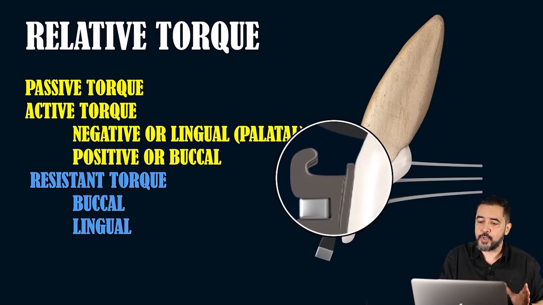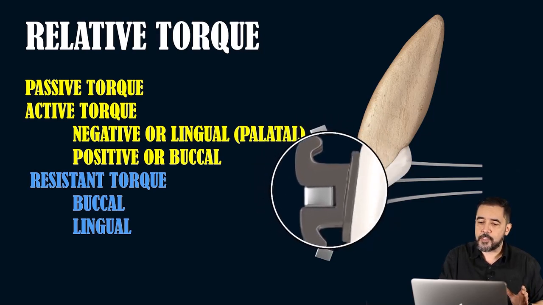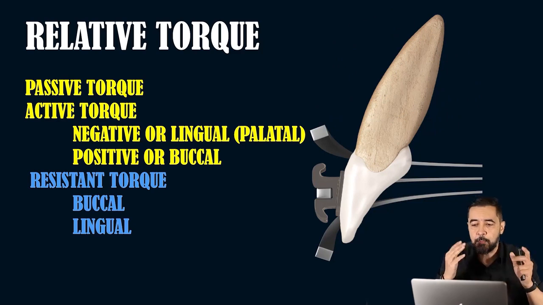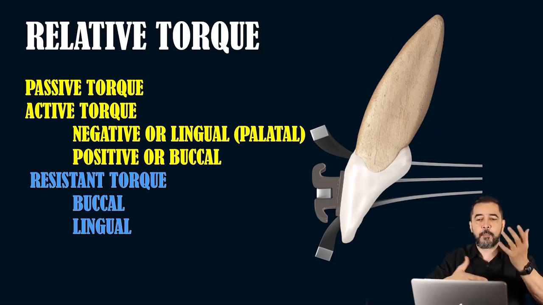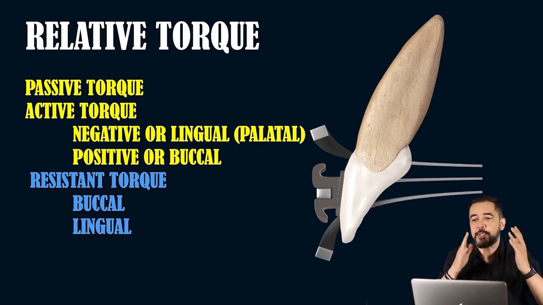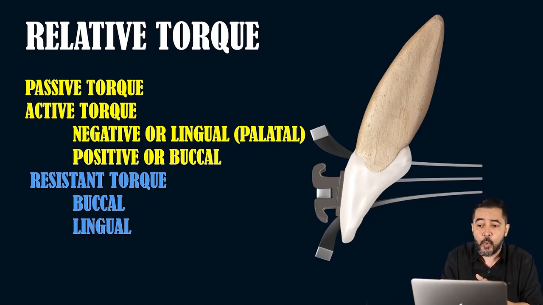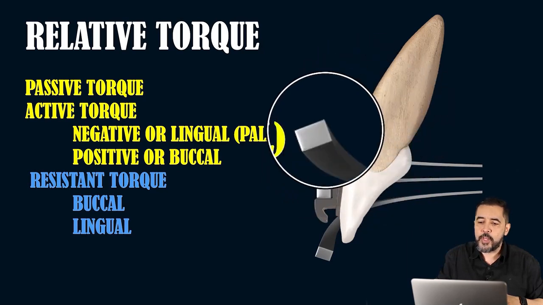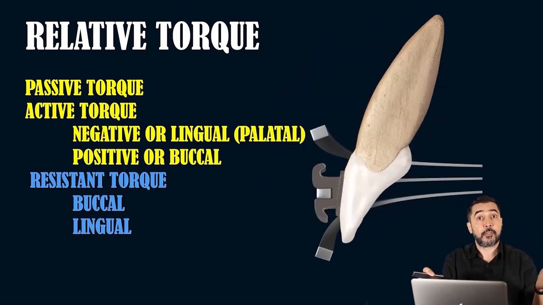We know that when we exert a pressure on our root, it responds with those movements that we see with pressure side, tension side, resorption, and apposition of bone, and we know the history about this. So when we exert a force, in this case a couple, we are going to generate a specific movement, which we call a torque.